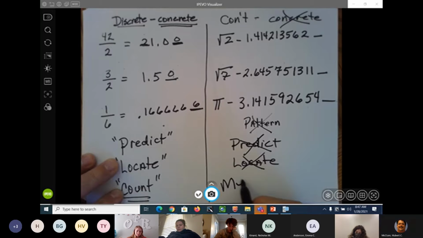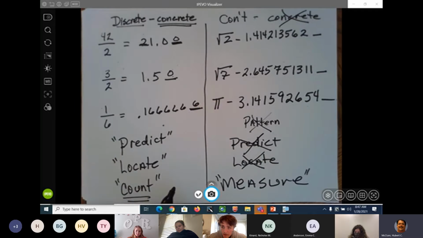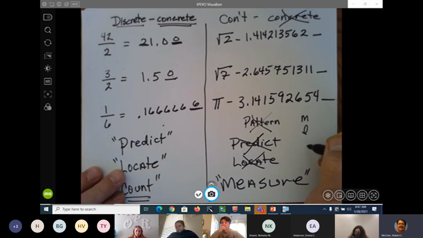You measure continuous numbers. What do we measure in the real world? Length. Meters, liters, and grams. And yes, length, distance, height.